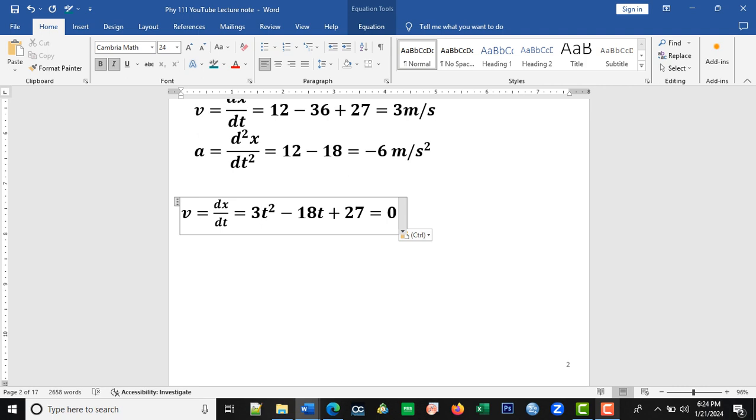So if I divide this by 3, then this one is out. Dividing 3 by 3, here what do we get?